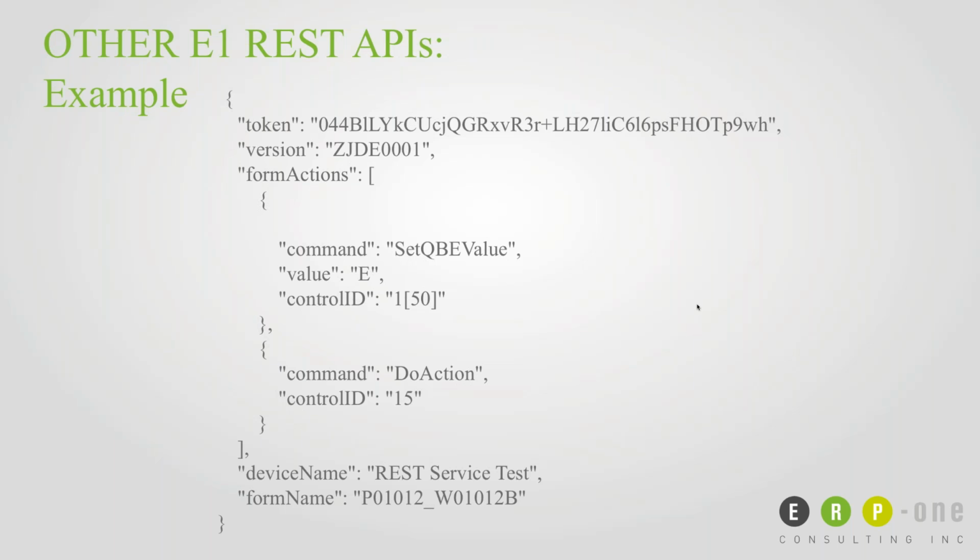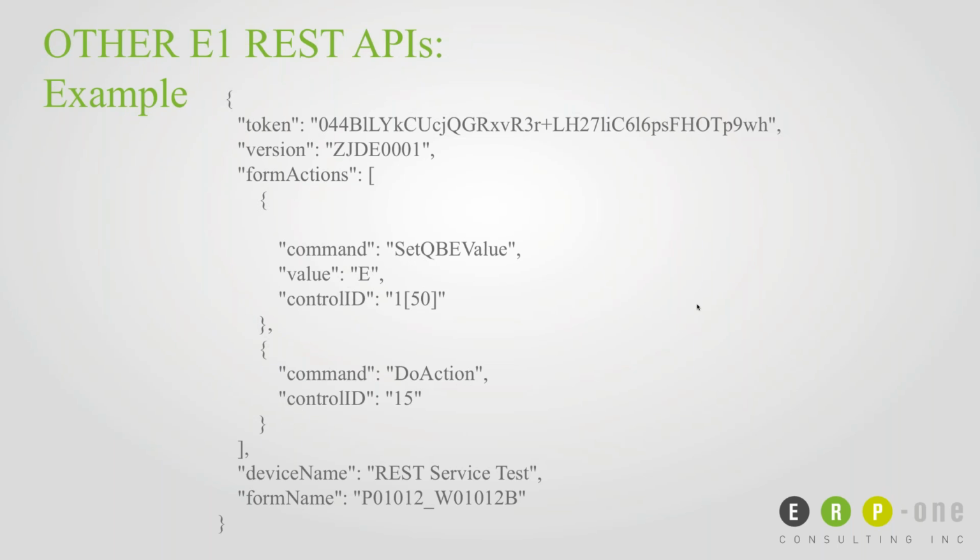So if you're familiar with QBEs, that's our filtering mechanism on a grid on a display screen. We're going to put a value of E, which in this case is employee, on a particular control, which is search type. And then we're going to do an additional command called do action on a different control, which is really just the primary action. In this case, it's a button, which is going to be the find button.